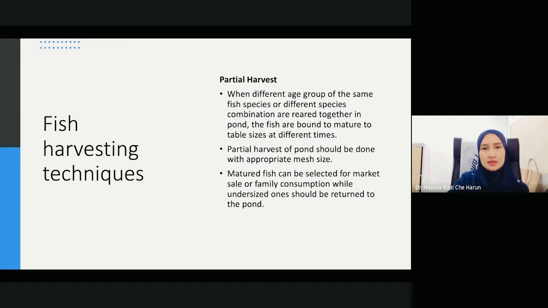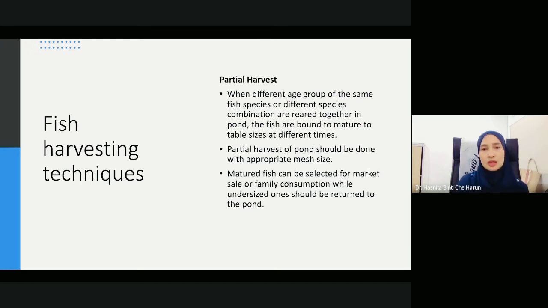For the partial harvesting technique, you use it if you stock different age groups of the same species, or you have different species combined together in a pond, or if you have species that you stock at one time but develop into different sizes even though their ages are similar. So the fish are bound to mature to table size at different times.